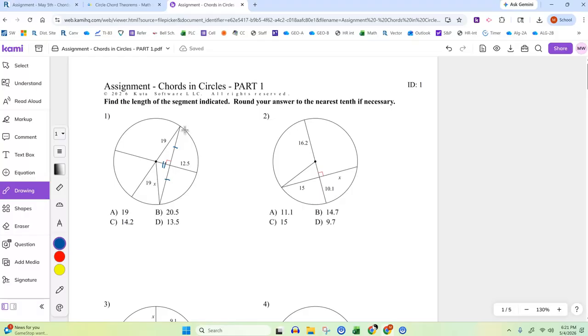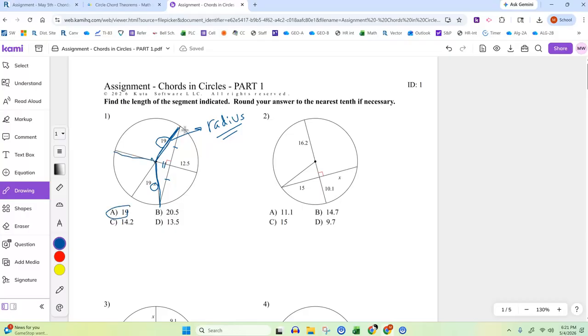That means that 19 right here, this side right here, is going to be the same as this. But not only do we know that, what are they both? This is not just the side of a right triangle. This is the radius, right? So whatever the radius is going to be the same. That means that the distance from here to here is also the radius. That's x. So it's 19. But what is this?